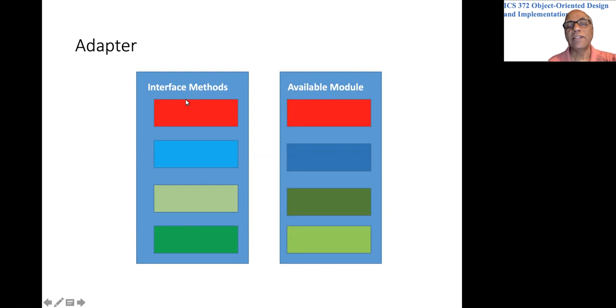I distinguish between their functionalities by colors. Red means one functionality. Blue means a second functionality. The light green one is a third functionality, and the other green is a fourth functionality. So there are 4 methods that we need to implement.